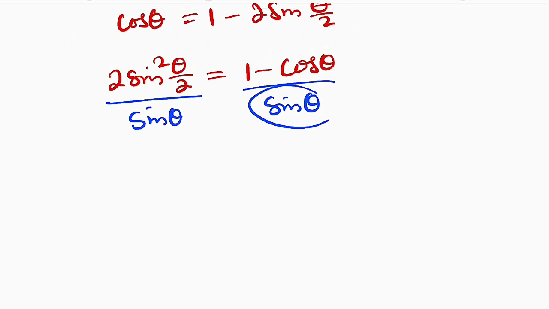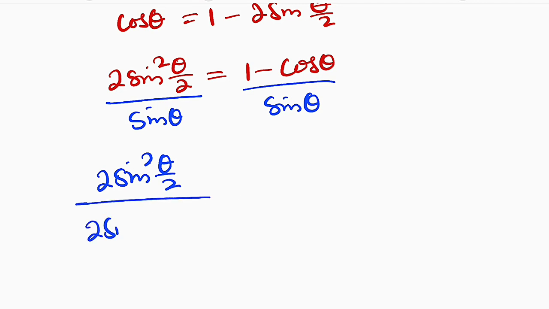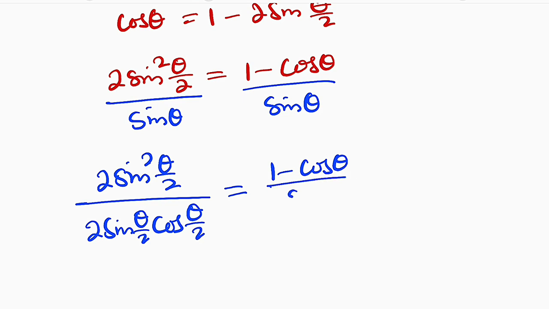But I will leave this one as it is because here I have a half angle. I'm going to write this one in terms of half angle. So we have 2 sine squared theta divided by 2, divided by 2 sine theta divided by 2 cos theta also divided by 2. This remains 1 minus cos theta divided by sine theta.